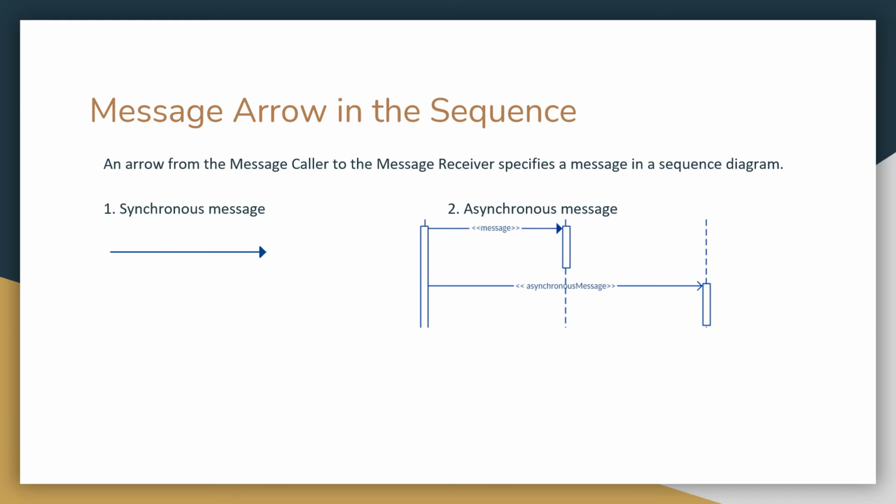Now there are a few different message arrows. The first one is a synchronous message. A synchronous message is used when the sender waits for the receiver to process the message and return before carrying on with another message. The second one is an asynchronous message, used when the message caller does not wait for the receiver to process the message and return before sending another message to another object within the system.